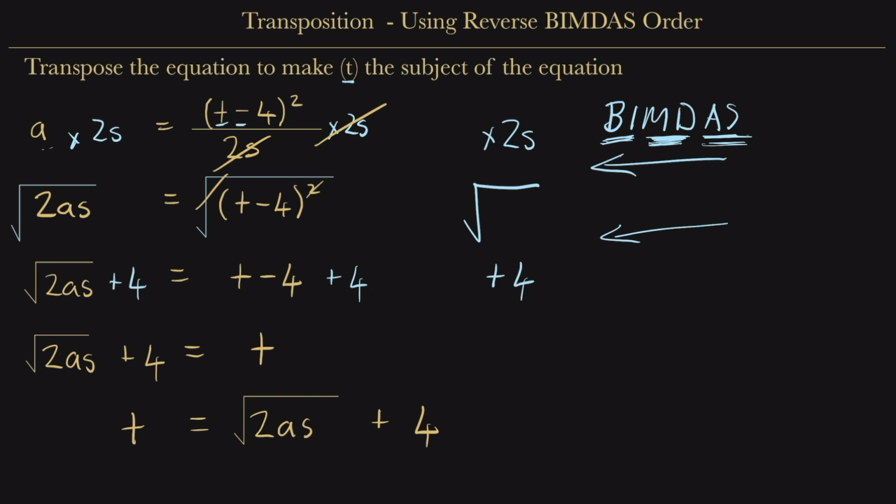So takeaway here is that we're focusing on using this BIMDAS thing for working out which step goes next. And each step you're going to start again. So you're going to look at addition and subtraction first, multiplication and division second, and binomials and indices third.